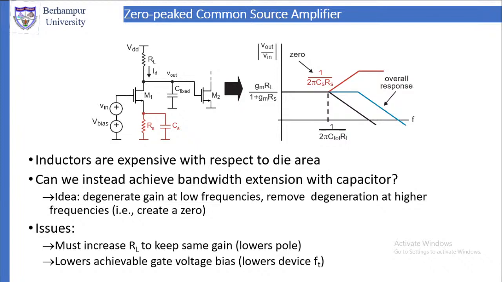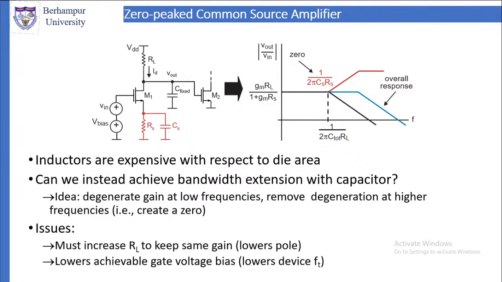Inductor is bulky, inductor is expensive. These are two things. If you are going for a spiral inductor, it is expensive. Since these are expensive with respect to die area, people try to avoid inductors. We use R and C instead of inductors.